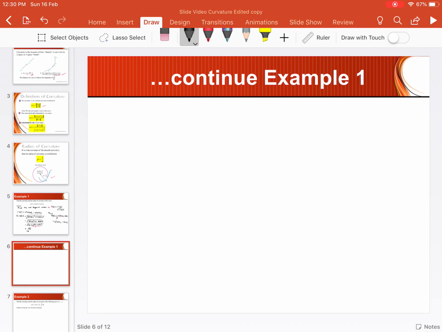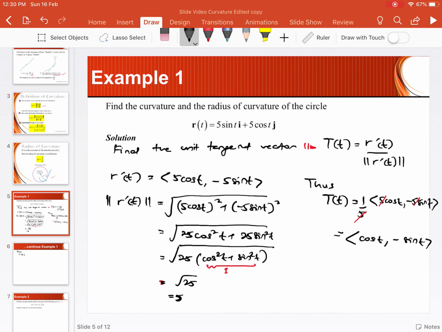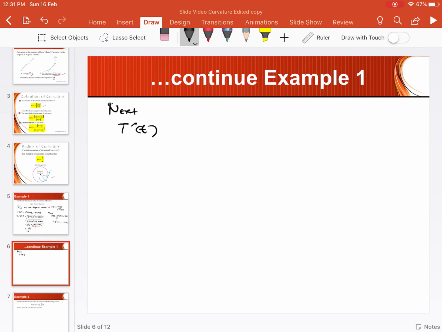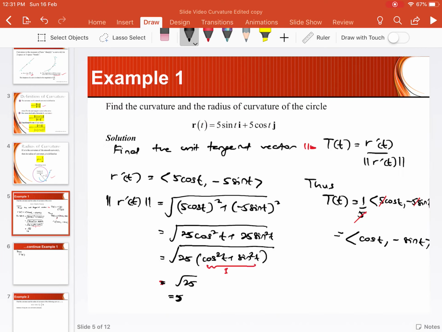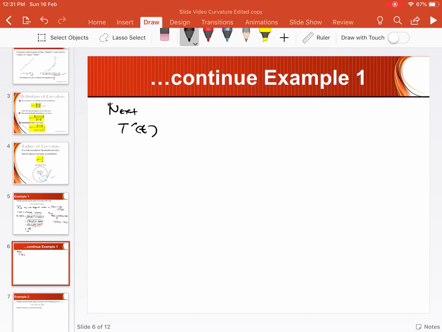Next, we need to differentiate the unit tangent vector. So just now we have T equals cos t and negative sin t. So from here, we need to differentiate. I rewrite this again.